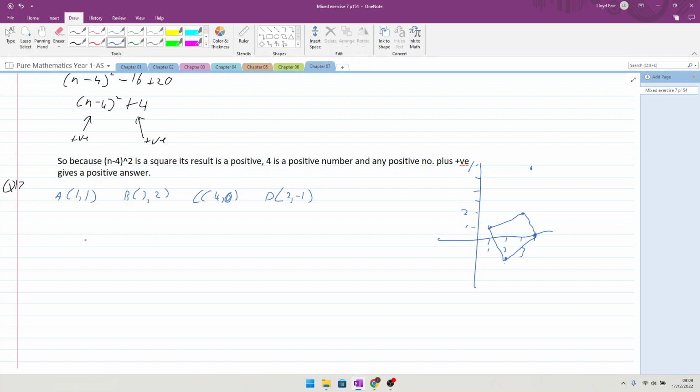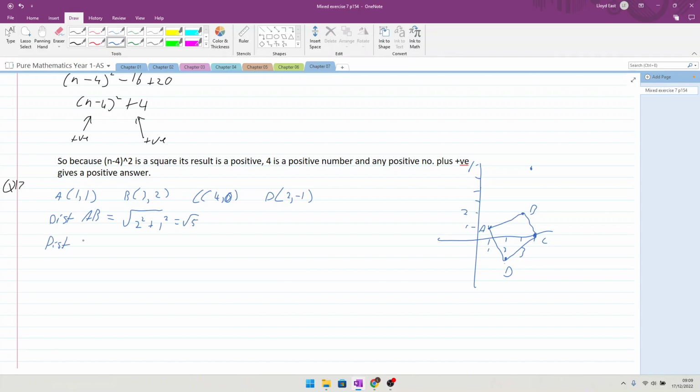Okay, so let's have a look at the distances. The distance of AB is equal to the square root of 2 squared plus 1 squared, which is root 5.